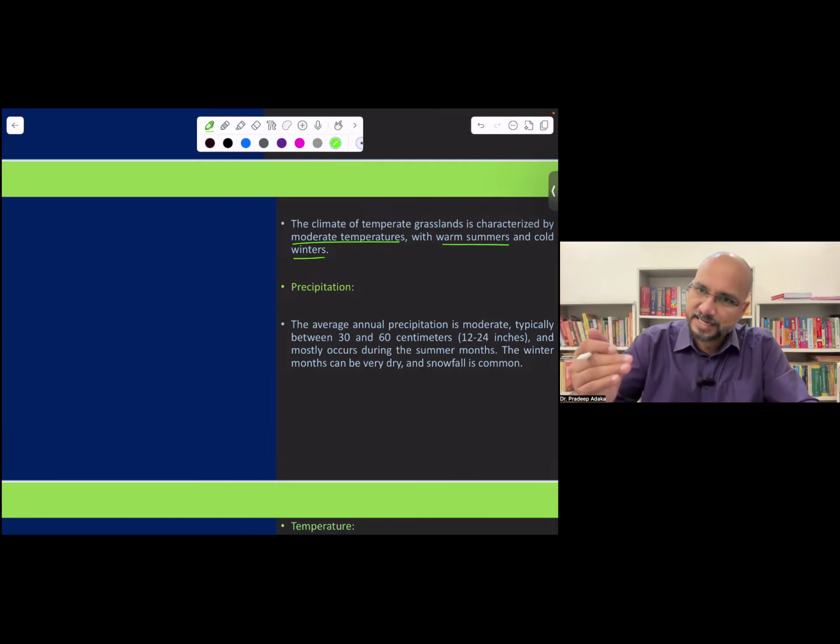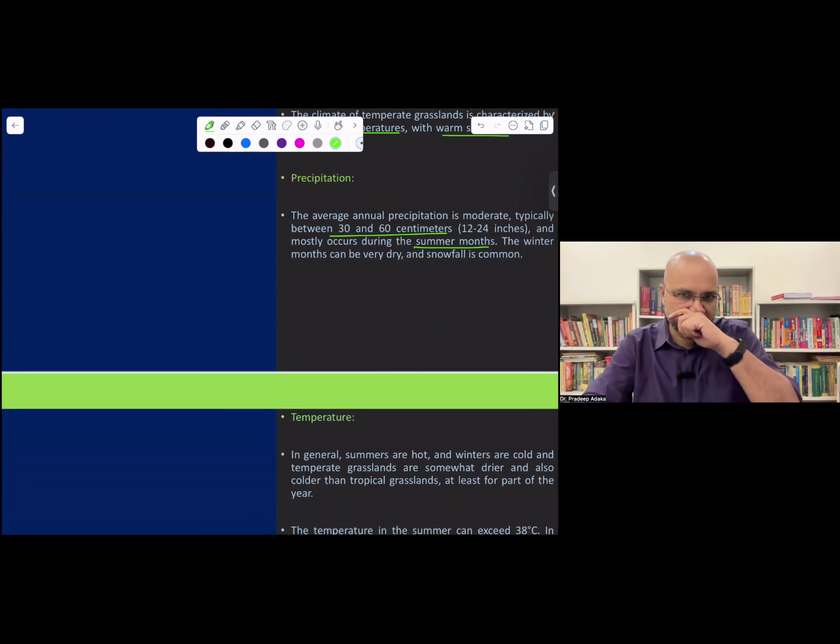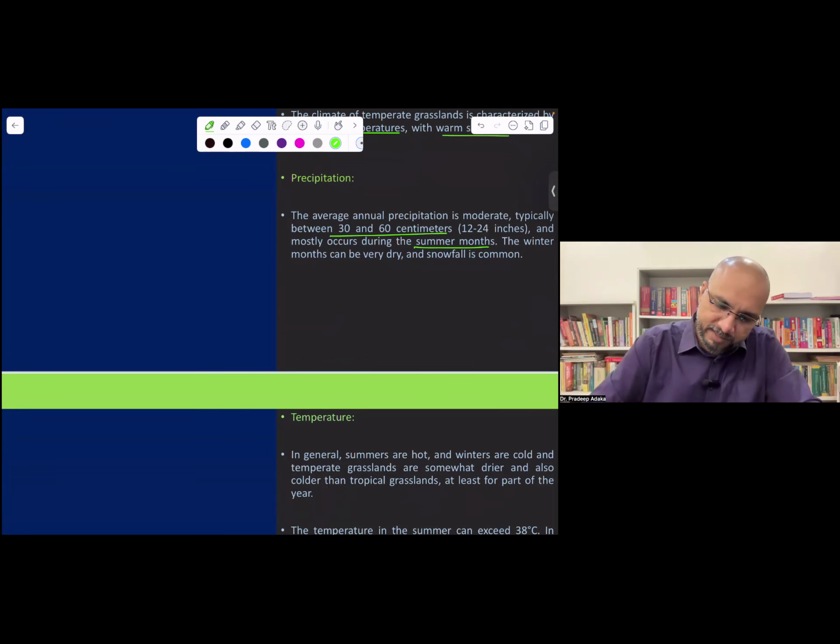So warm summers and very cold winters. Precipitation is between 30 to 60 centimeters, mostly occurring in the summer months in the form of rain. In winter, it is generally in the form of snow. Winter months can be very dry, and if at all there is precipitation, it is snowfall.